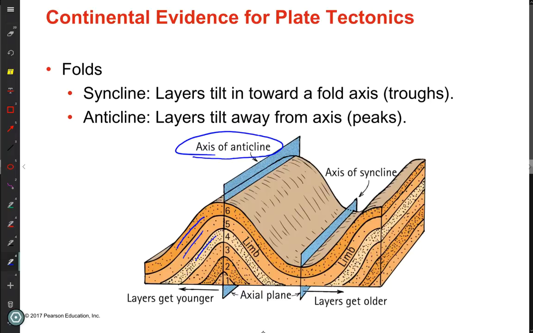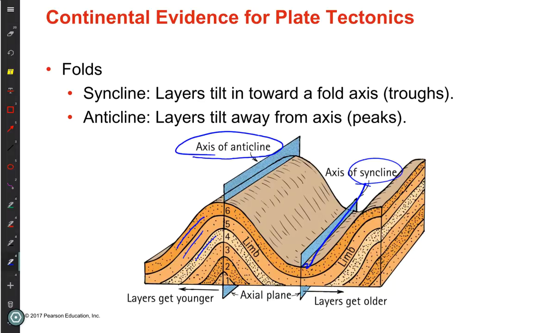You have the anticline and syncline. Syncline is at the bottom of a valley where it goes up on both sides. The way I remember it is because sin is down, is bad. And so the syncline is the downside, and the anticline is the upside. I know it's not the best mnemonic, but that's the way I remember it.